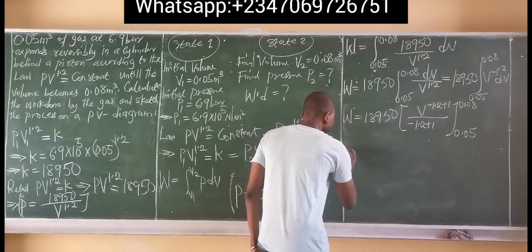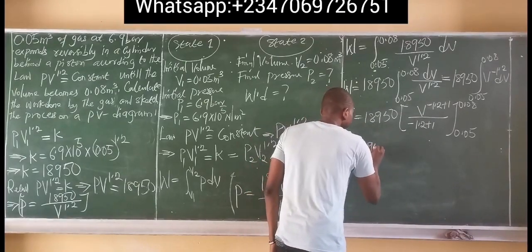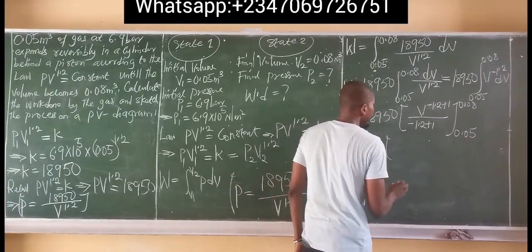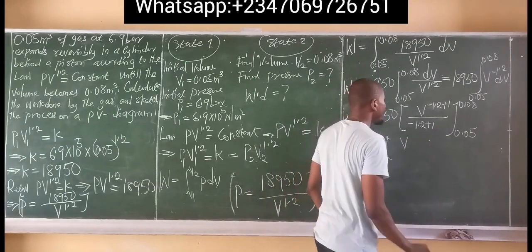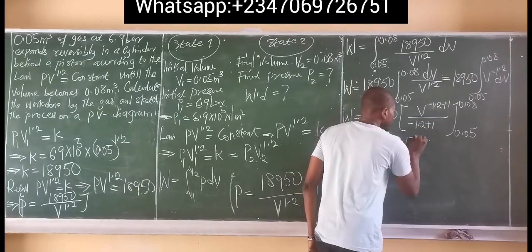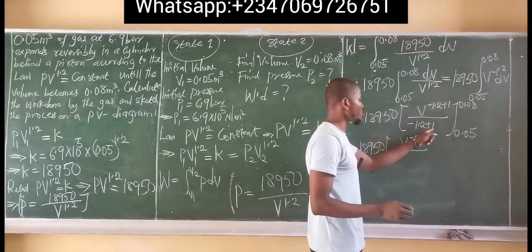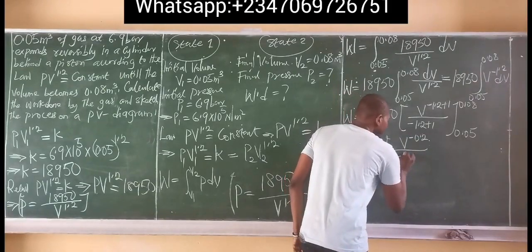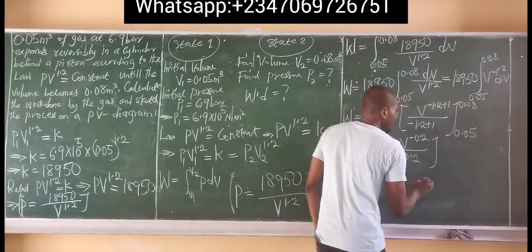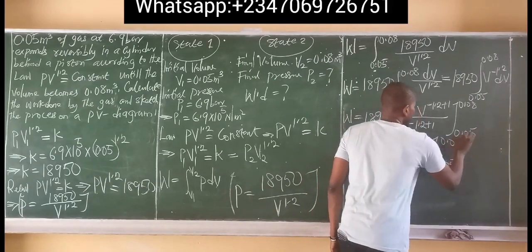So this means work done is equal to 18950 into v to the power of minus 1.2 plus 1, which gives us minus 0.2, all over, same thing here, minus 1.2 plus 1 gives us minus 0.2, putting your limit from 0.05 to 0.08.